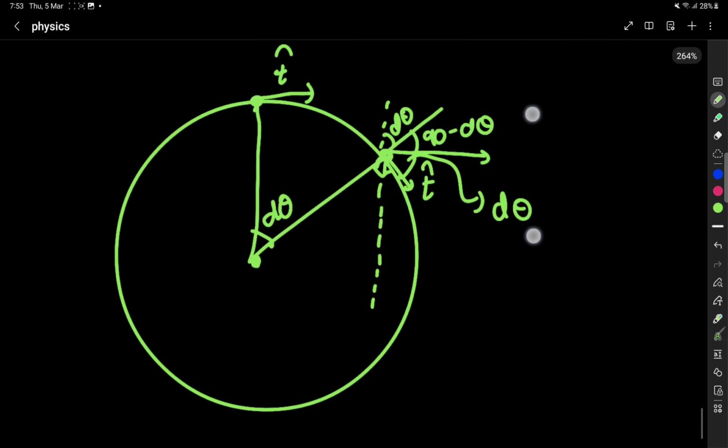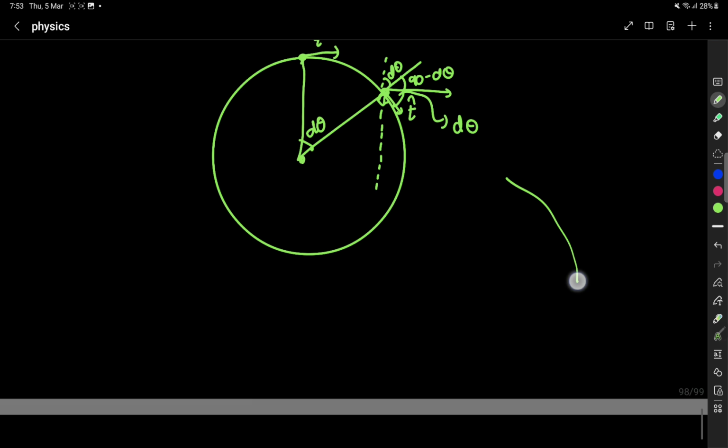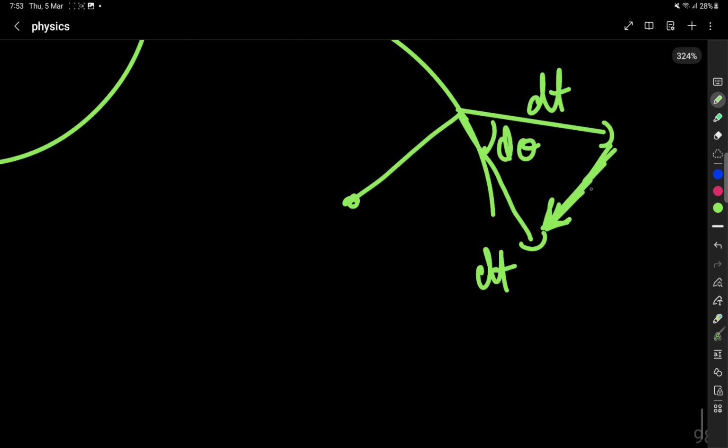So from here I can see that these both are equal, and this is d theta. This will be the direction of dt cap, the change in dt cap vector.